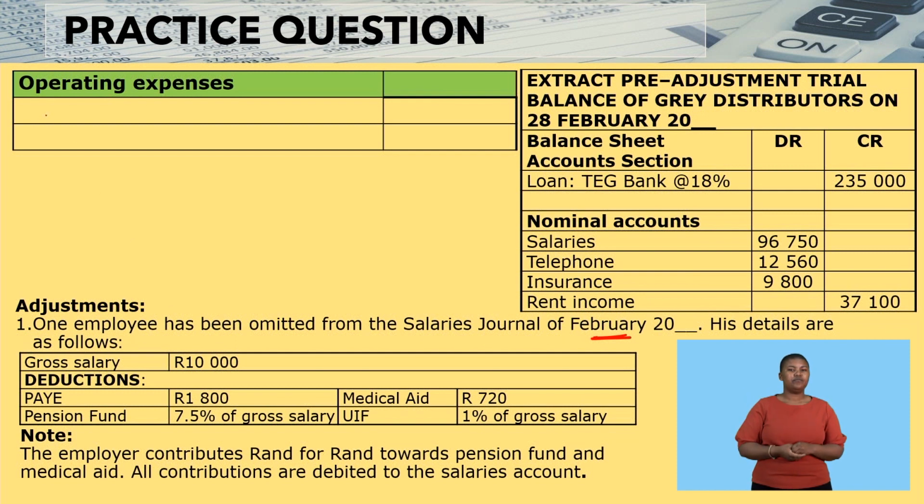Under my operating expenses, the first thing I must record is the amount that is in the trial balance, that is my 96,750.